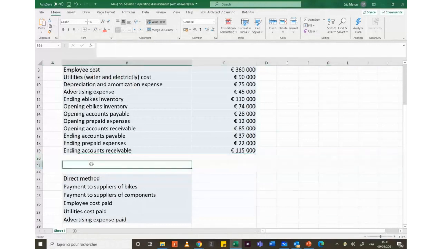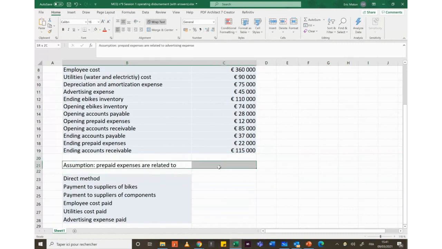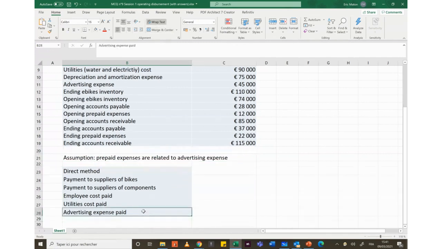So we'll suppose, assumption: prepaid expenses are related to advertising expense. Okay. So it's just to put directly with the advertising. In the other case, you have to put a line for the prepaid expense.